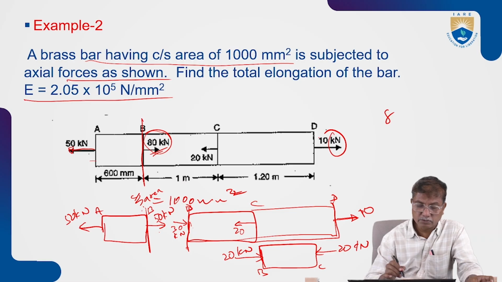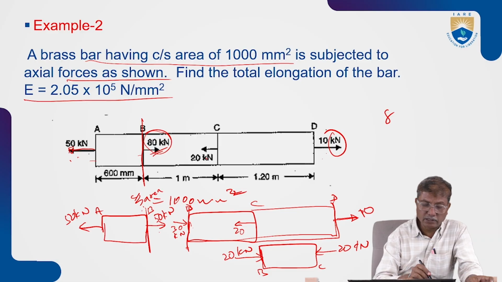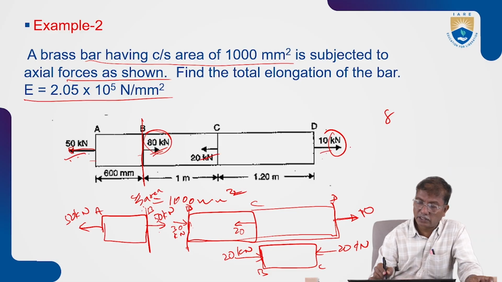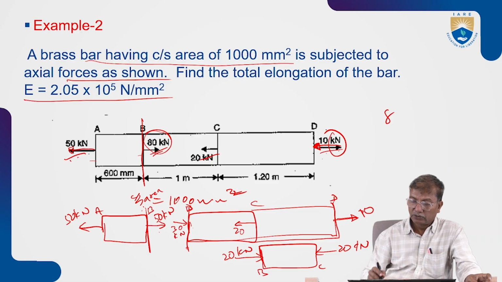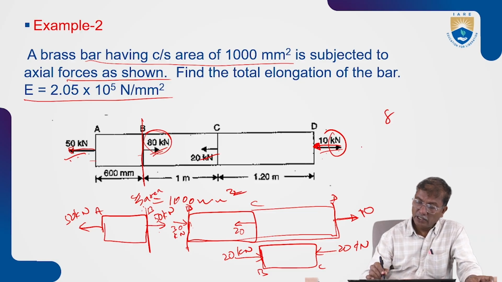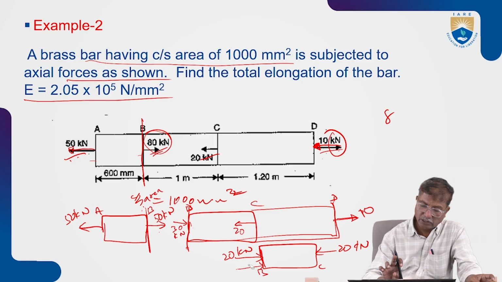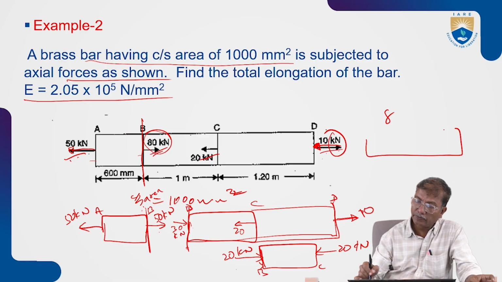It should be compressive because the total leftward force is 80 and the rightward force should be 80: 50, 20 and 10. We need to correct this. So on BD, let us consider that separately, you will have a compressive force.